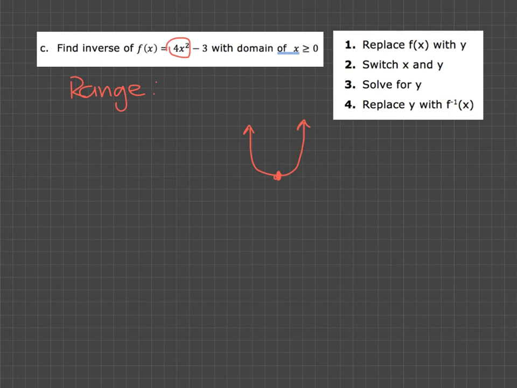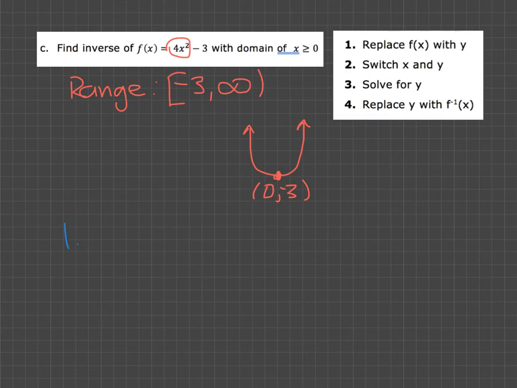So that means this is a shift down 3. The x coordinate is going to be 0, and the y coordinate of that vertex is negative 3. So that tells us that the range is negative 3 to positive infinity.